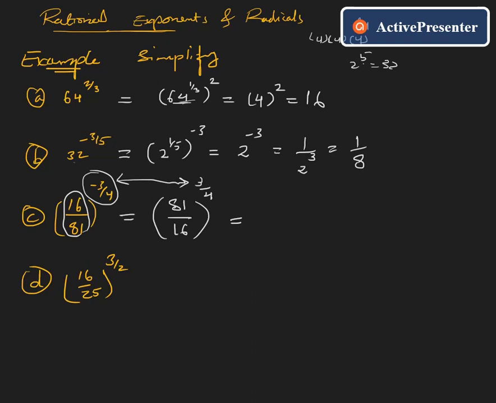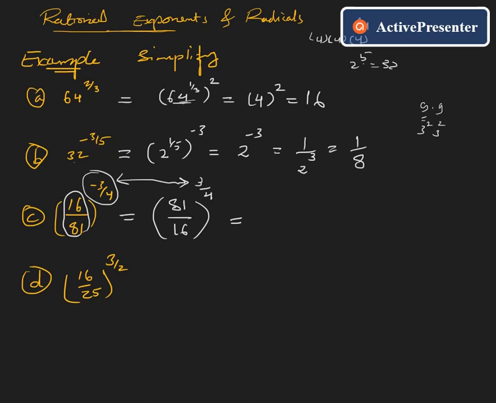This is equal to 81 over 16, all to the power 3 over 4. We know that 81 is 9 multiplied by 9, and 9 is 3 to the power 2, so 9 multiplied by 9 is 3 to the power 4. So 81 is 3 to the power 4, and 16 is 2 to the power 4.